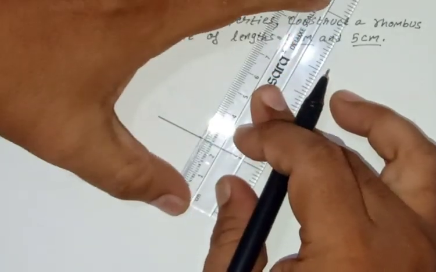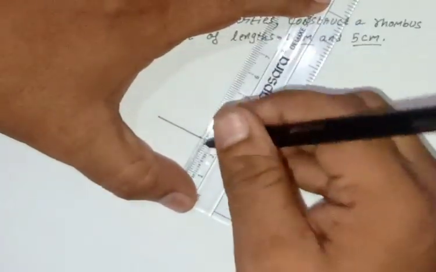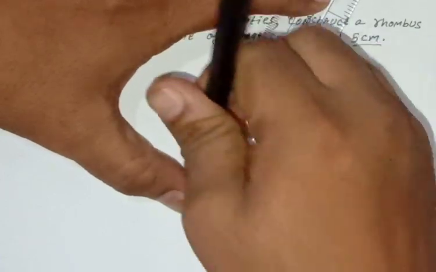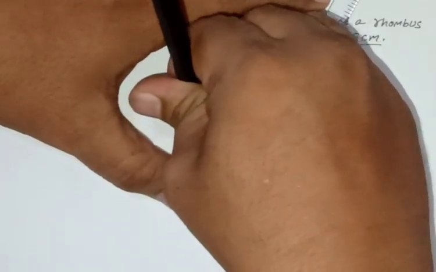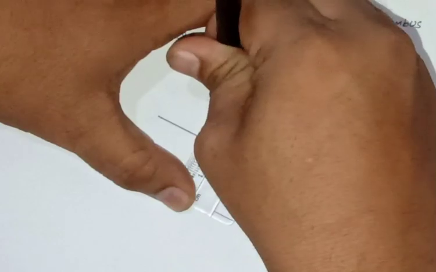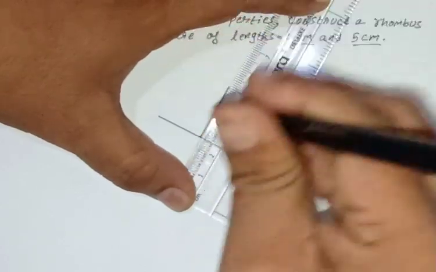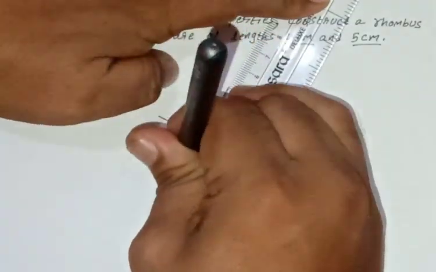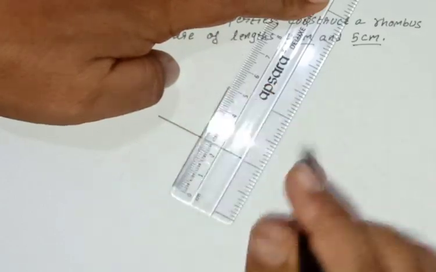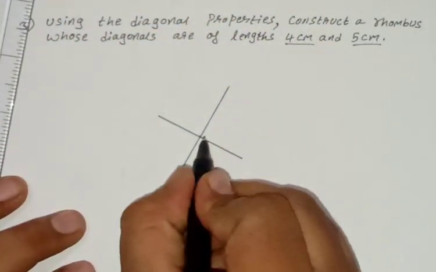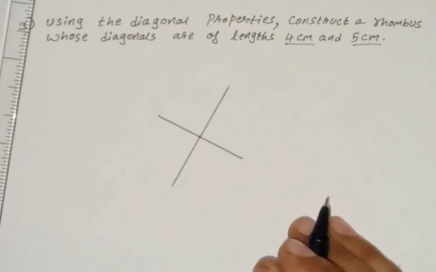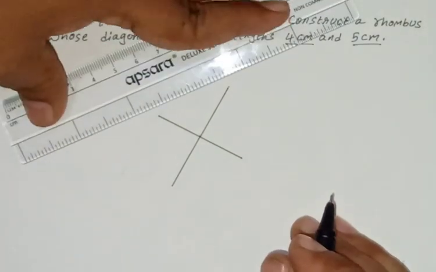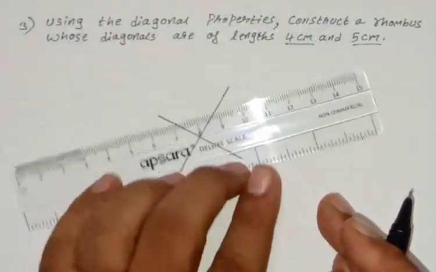Then draw 2.5 from here. Okay, so this is the angle of 90 degree here. Then join this part.